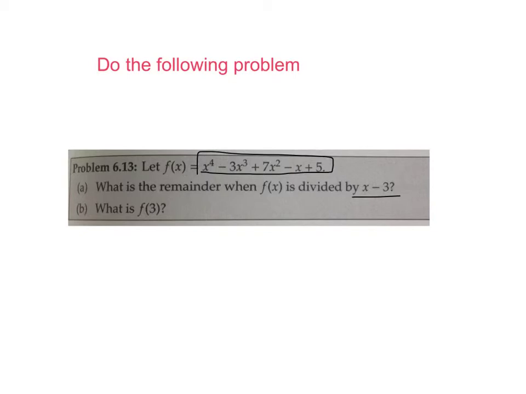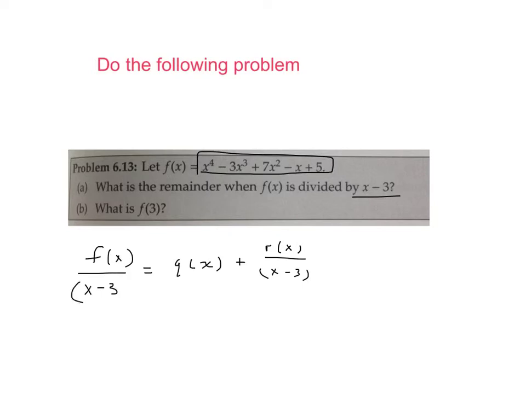If we do that, when you take f of x and divide it by x minus 3, this will equal some quotient function plus the remainder function over x minus 3.